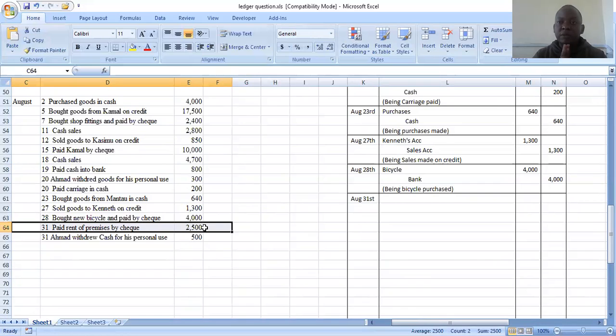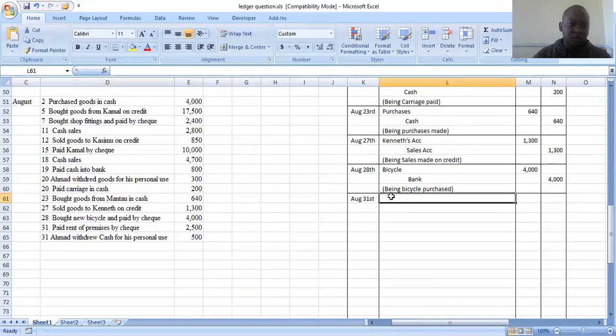Which account is to be debited and which account is to be credited? Rent is an expense, and this expense is increasing, so debit rent expense. And bank is going out, is decreasing, so we credit bank account. So debit rent expense and then credit bank account.